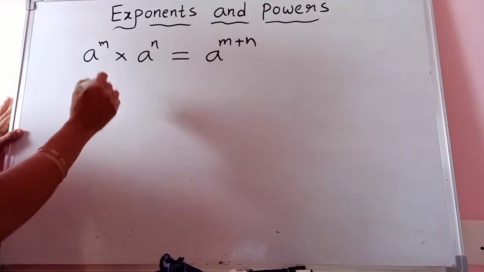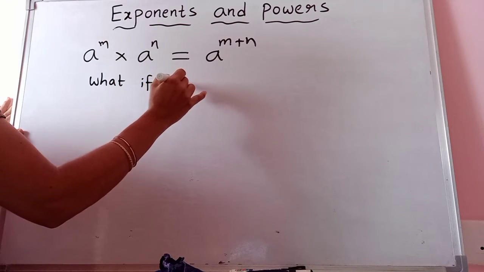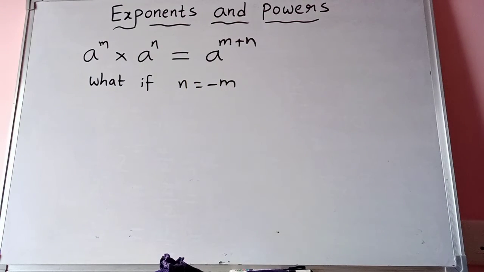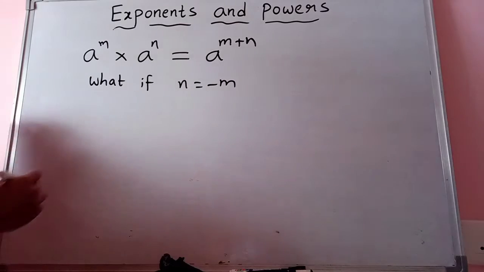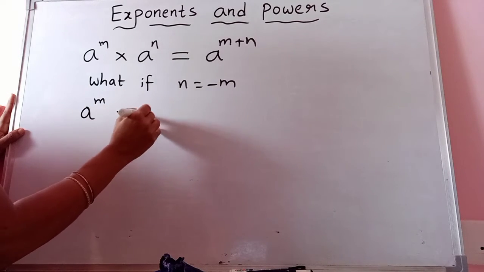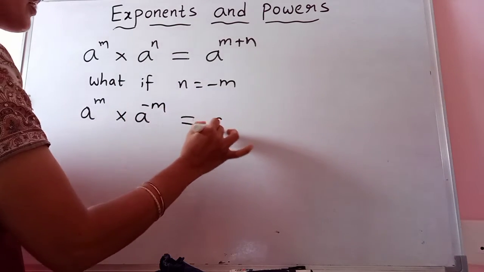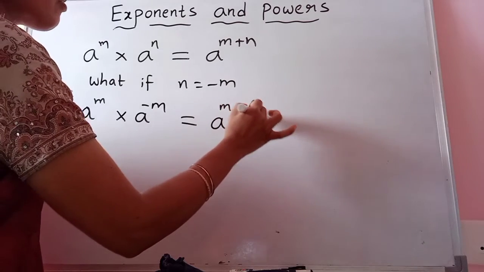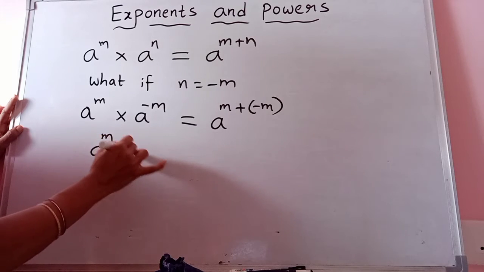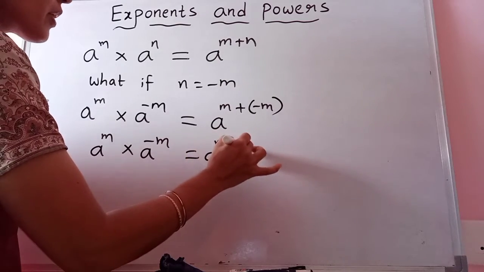Now what happens if I take the value of n equal to minus m? Then a power of m into a power of n becomes a power of m into a power of minus m, which is equal to a power of m plus minus m.